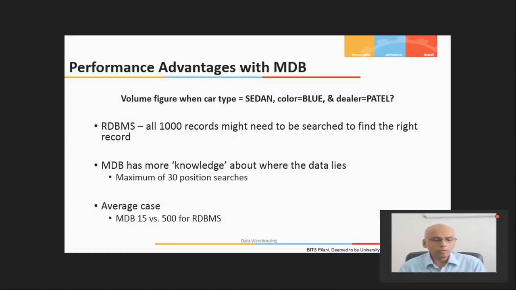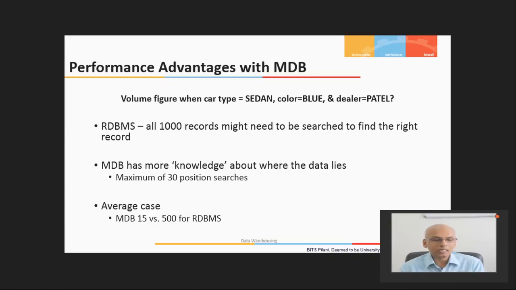Now look at the multi-dimensional database. It knows where the data lies. There are 3 dimensions, so it's a 3-dimensional space. When you need to locate any point, you go along the X dimension to wherever you want to go, along the Y dimension wherever you want to go, and the Z dimension wherever you want to go, and the intersection represents the value that you're looking for.